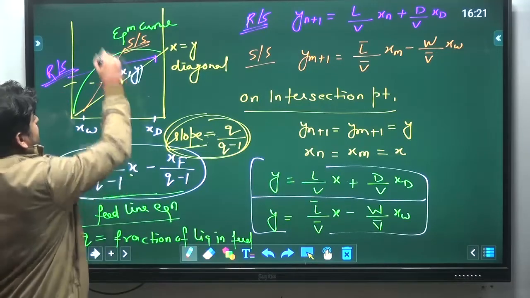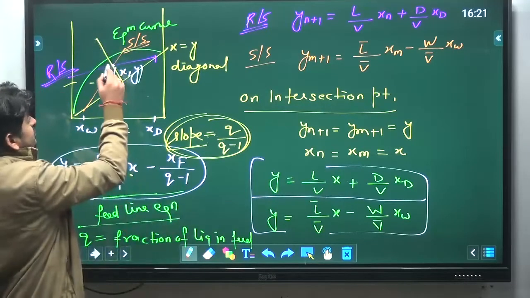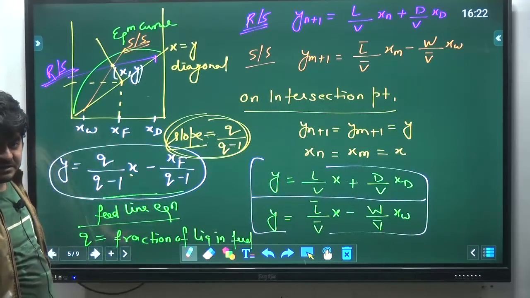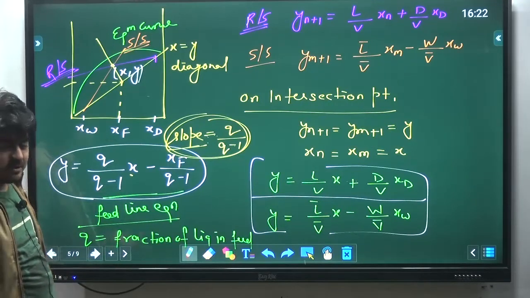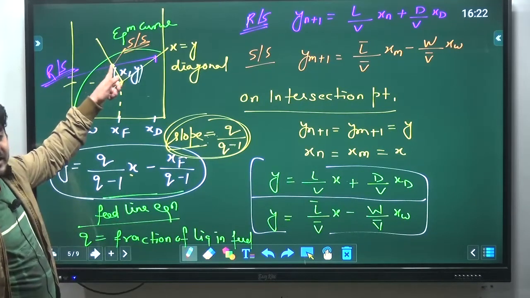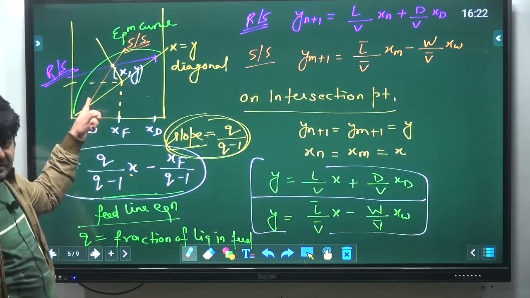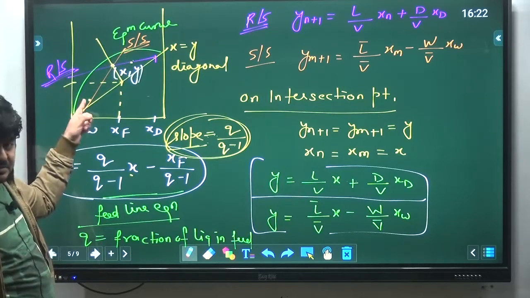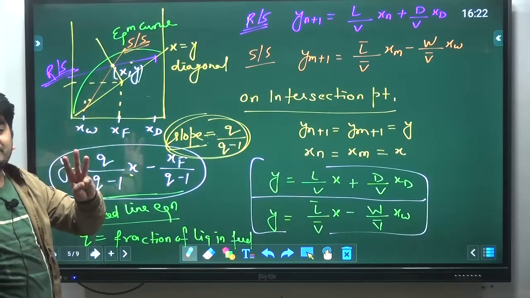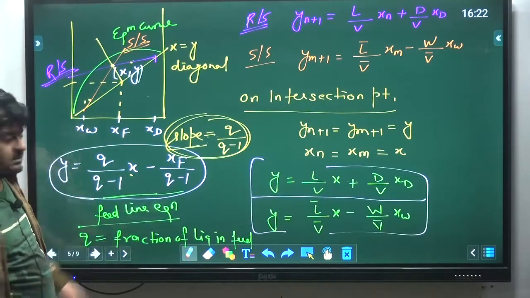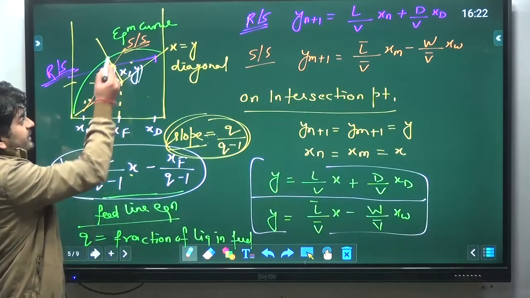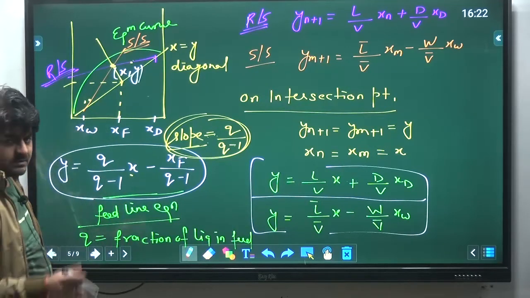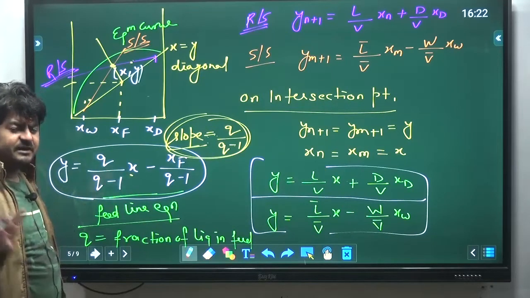So from here, the feed line must pass through this intersection point. So this is also one important question they can ask in interviews or in MSQ or MCQ type questions. At this intersection, the operating line of rectifying section, operating line of stripping section, and feed line, all these three equations meet.